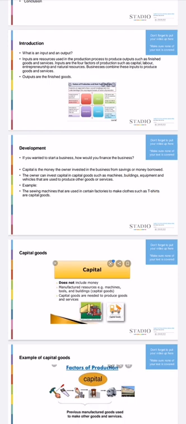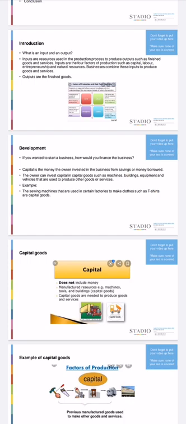The last factor on the diagram is capital. If you invest capital into a business, you will receive interest on that capital. Capital is money that is invested in a business.